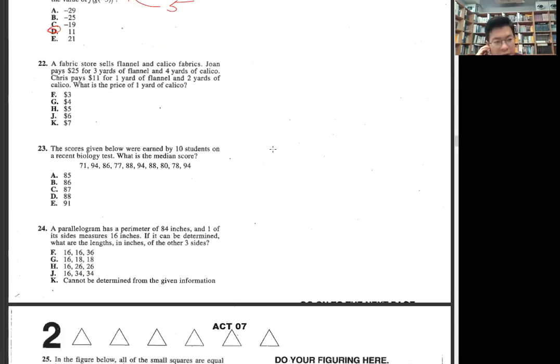A fabric store sells linen and cotton fabric. For 3 yards of this one and 4 yards of that one, 3F plus 4C is $25. 1F plus 2C is $11.